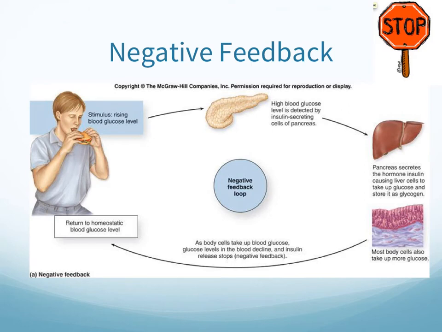So we talked about temperature, and you looked at temperature in a lab as well. But here's another example dealing with blood sugar. You don't need to know all the details here, but basically, if high blood sugar, glucose as a sugar, is detected, then the cells in your pancreas are going to secrete insulin.